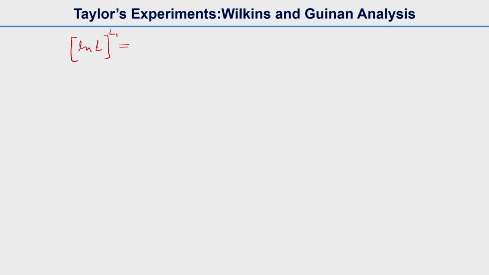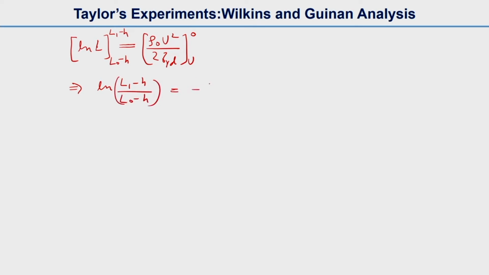So for that they have the limit L naught minus h to L1 minus h, equal to rho naught u square by twice sigma yd, u to 0. This will give us ln of L1 minus h by L naught minus h equal to rho naught u square by twice sigma yd.